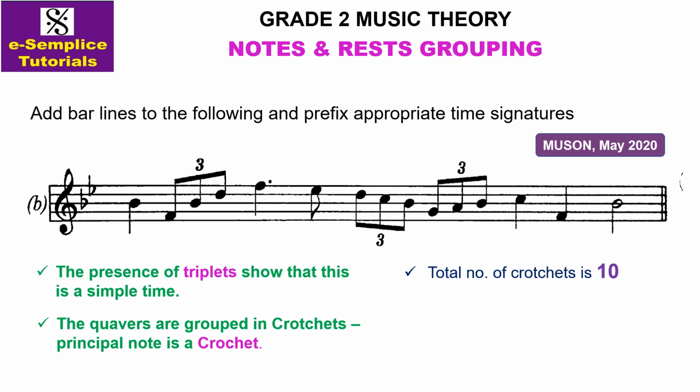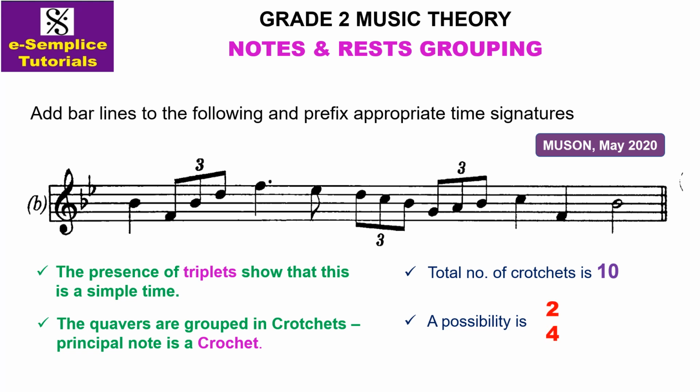There are a total of 10 crochets in this line of music, and since 10 can evenly be divided by 2, that means our suspected time signature is 2/4 time.